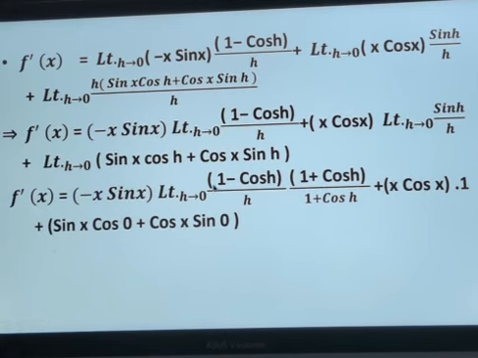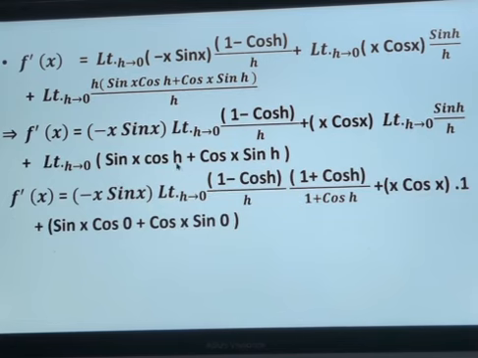Now multiply. Now rationalize. So we get f'(x) is equal to −x sin x into limit h tends to 0 of (1 − cos h) over h into (1 + cos h) over (1 + cos h), plus x cos x into 1. Now use limit theta tends to 0 of sin theta over theta, that goes to 1.